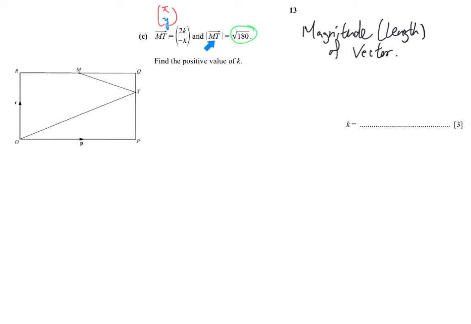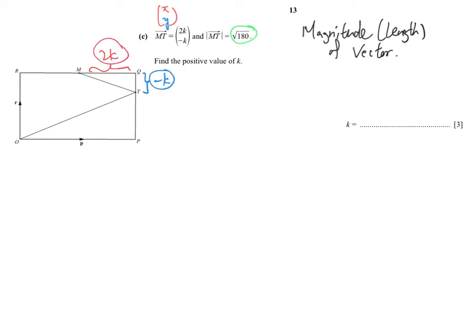And this means the magnitude of the vector, the length of the diagonal. You can think about it this way: the horizontal is 2k, and for the QT, it is negative k.